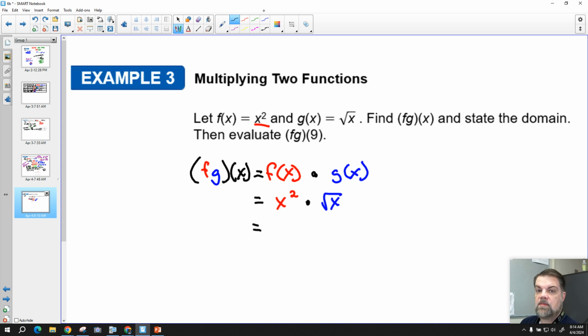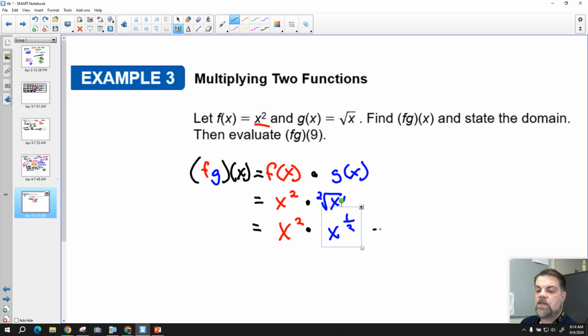Isn't the square root of x really x raised to the 1/2? We just took a test on that. And that's going to be multiplied by x squared, right?